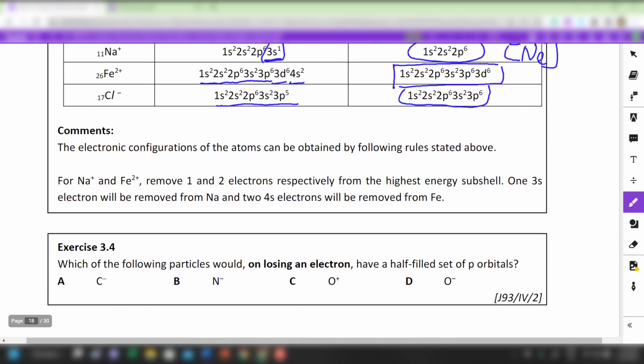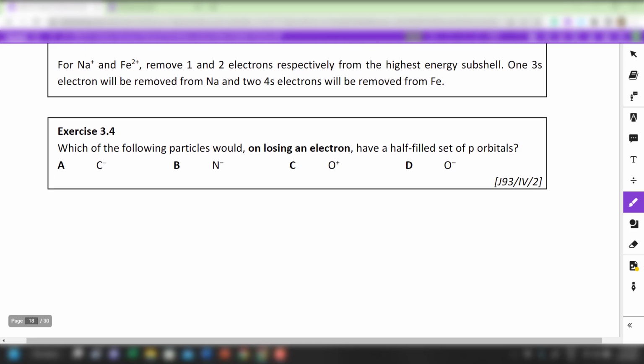Then for exercise 3.4, the question is, which of the following particles on losing an electron would have a half-filled set of p orbitals? Again, what is the best way of doing this question? It is to write out the electronic configuration.